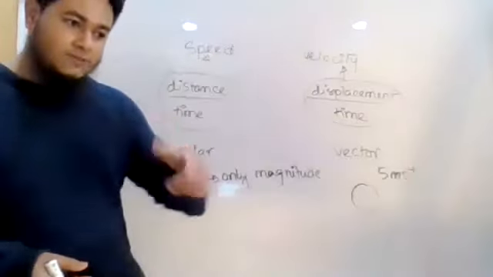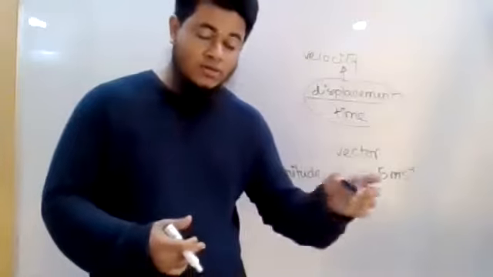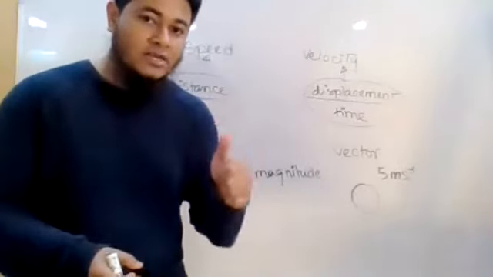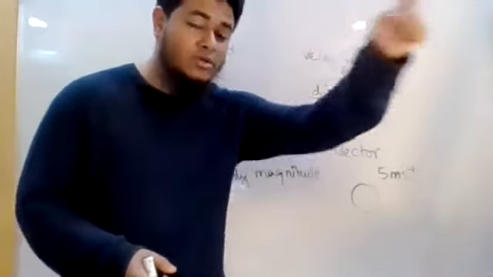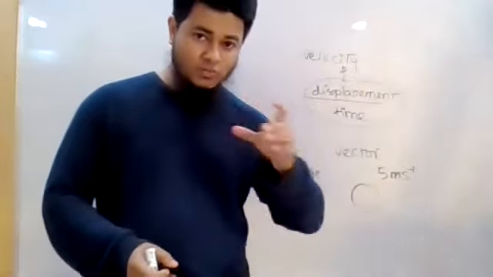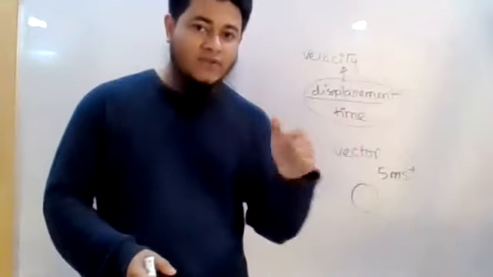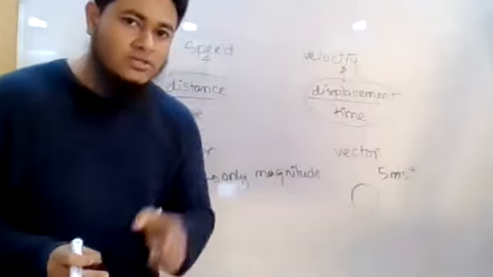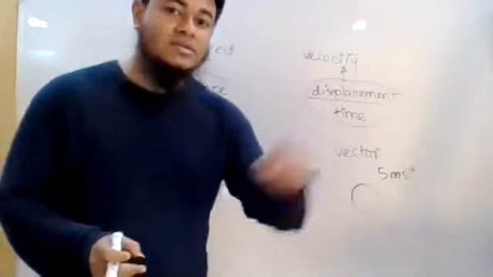In physics, we will discuss several numerical problems where you will have to find out where the body is going to be after 5 seconds. A body is moving at a certain speed. After 5 seconds, where is it going to be? If you want to find out the location, you must know in which direction it is moving.